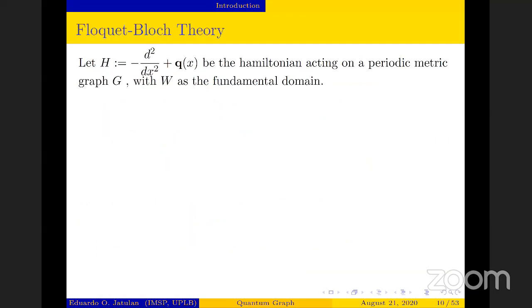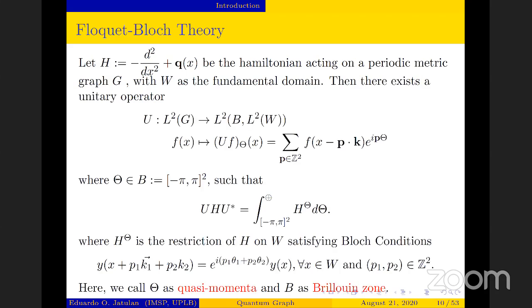So now let's have this Floquet-Bloch theory. We're going to use this to analyze our spectrum. So if we have this operator acting on the periodic metric graph G with W as fundamental domain, then as we can see here, if we have this transformation U acting on L2 of G, we have this transform given by this function.